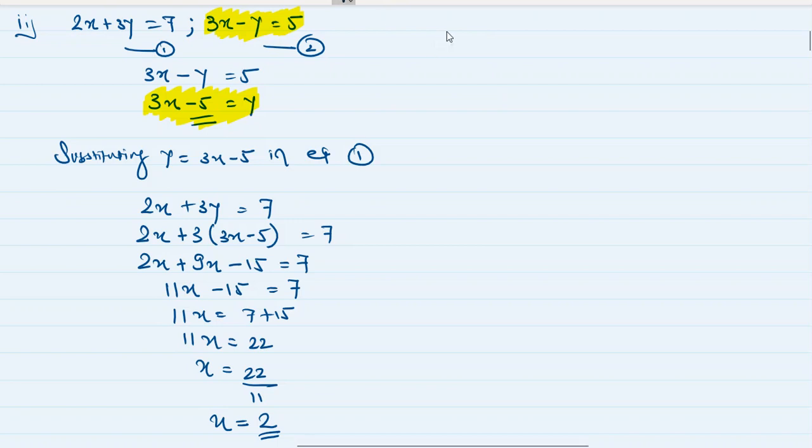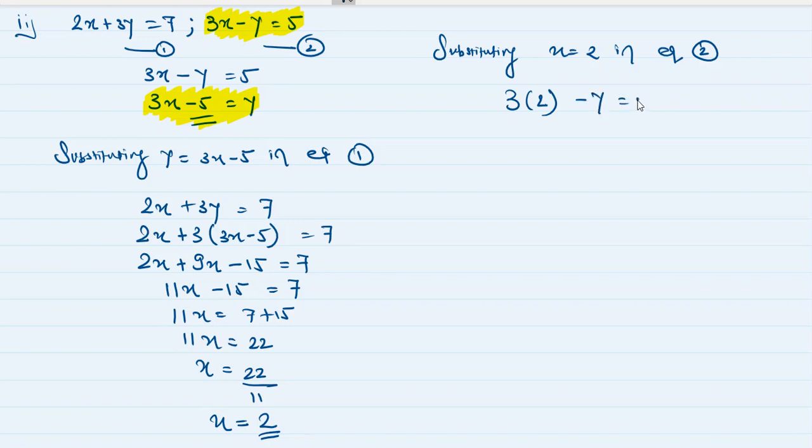See, substituting x is equal to 2 in equation 2, what will we get? 3 multiplied by 2 minus y is equal to 5. 6 minus y is equal to 5. 6 minus 5 is equal to y.